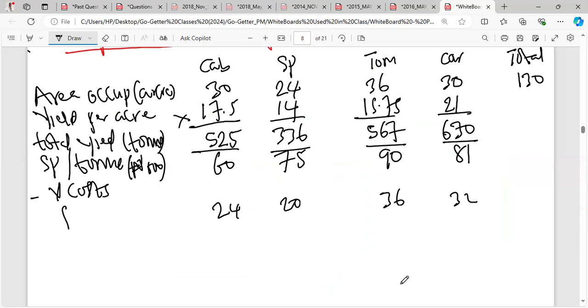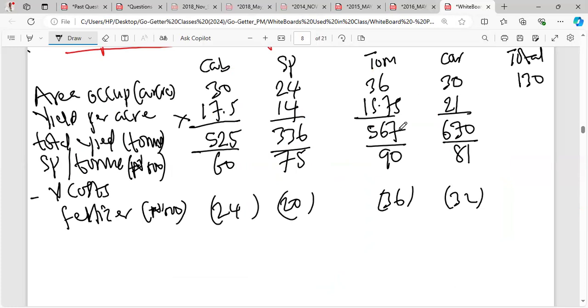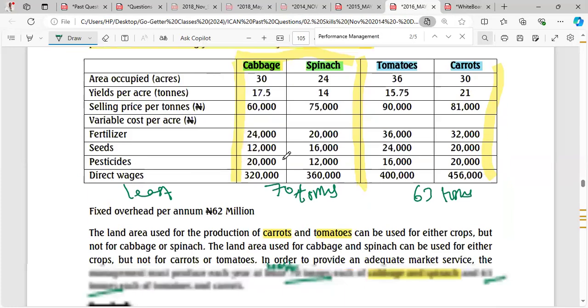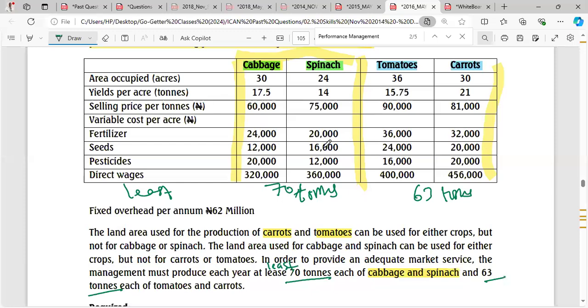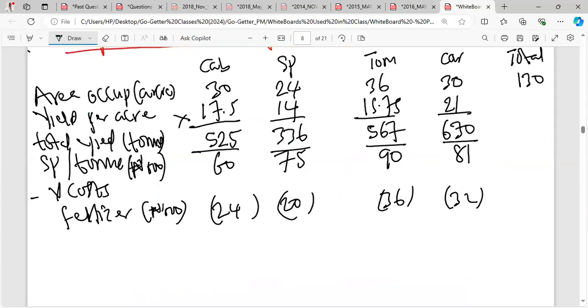Then seeds: 12, 16, 24, and 20. We are calling it seed.